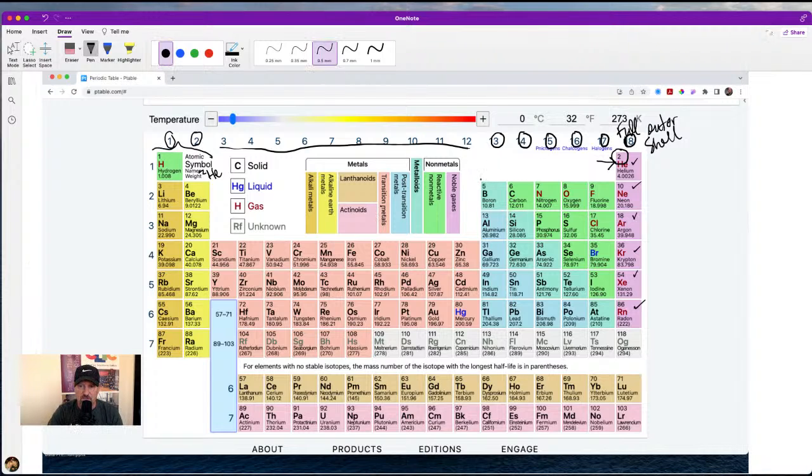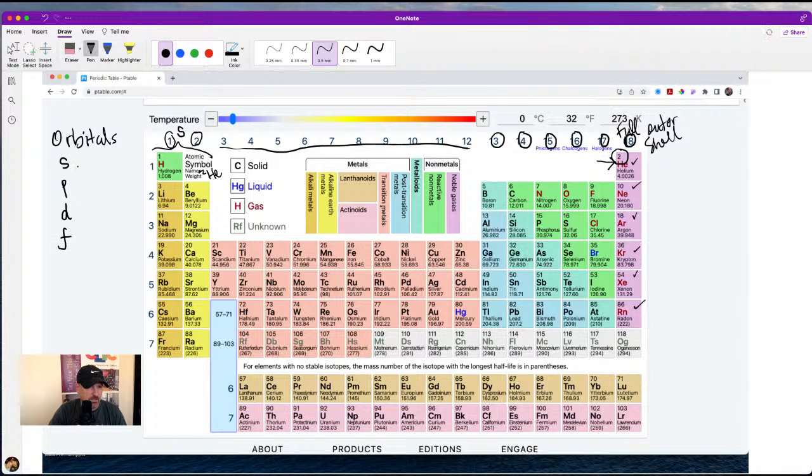So for now, let's just imagine that the first 2 groups are in the s orbital. So orbitals are s, p, d, and f.